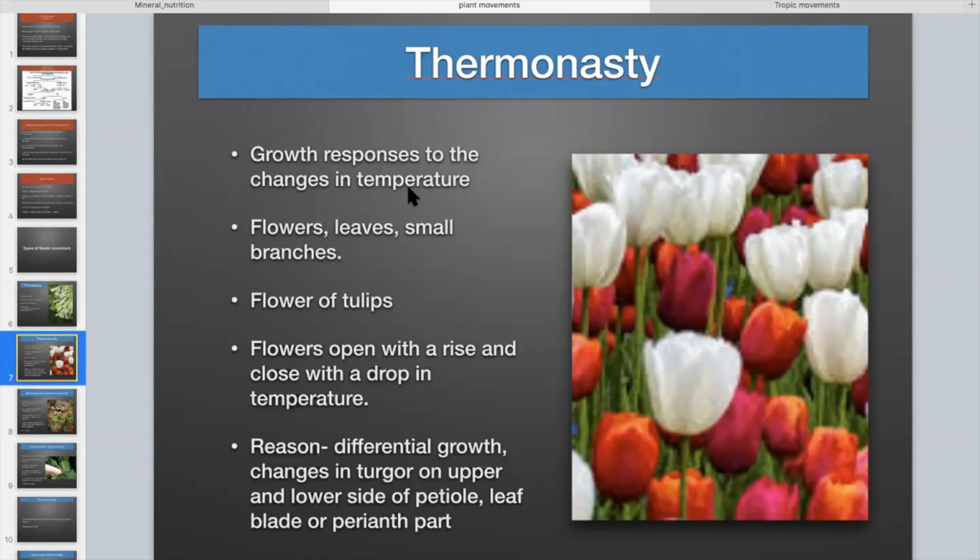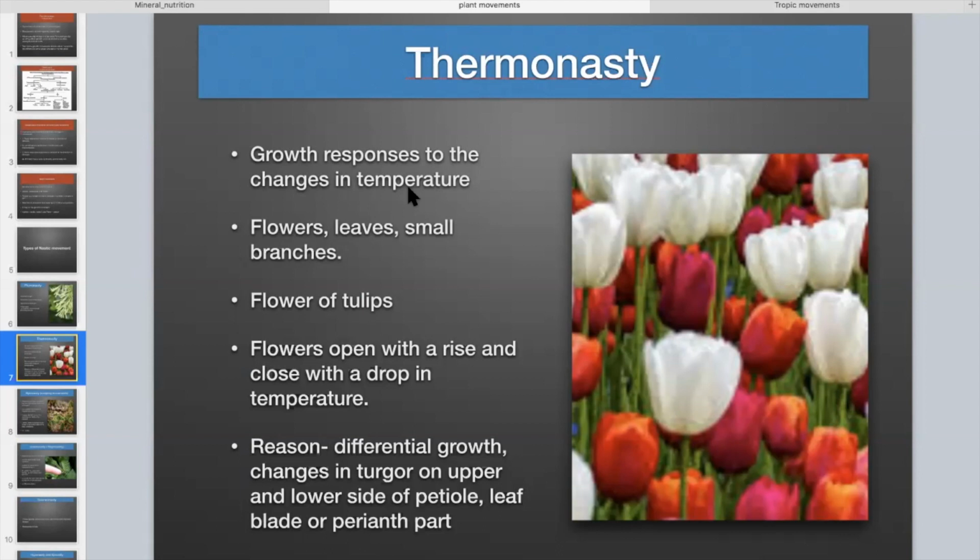For example, the tulip flowers. These tulip flowers open their petals when the temperature rises, and when the temperature cools down, these flowers get closed.